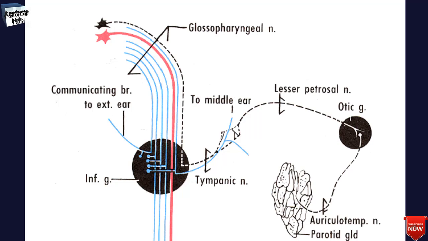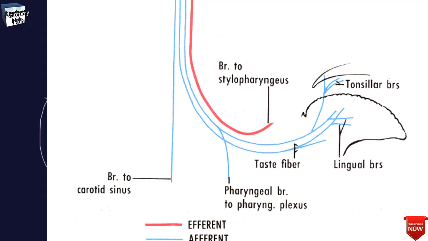So, the clinical relevance of the ninth cranial nerve, the main clinical relevance you have to remember is the gag reflex. The glossopharyngeal nerve supplies the sensory innervation to the oropharynx, and that's why it carries the afferent information for the gag reflex.